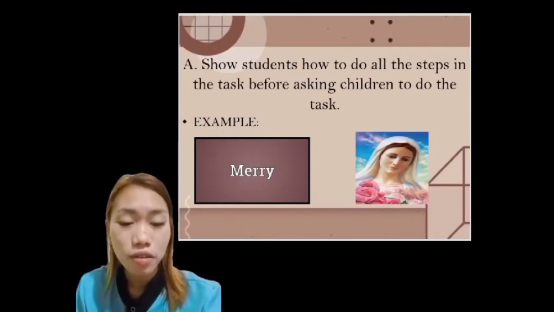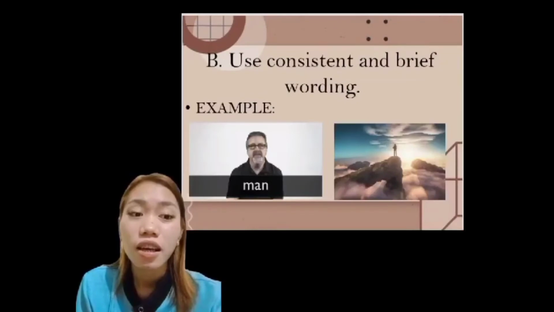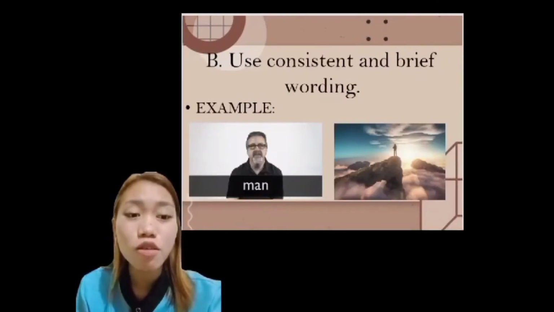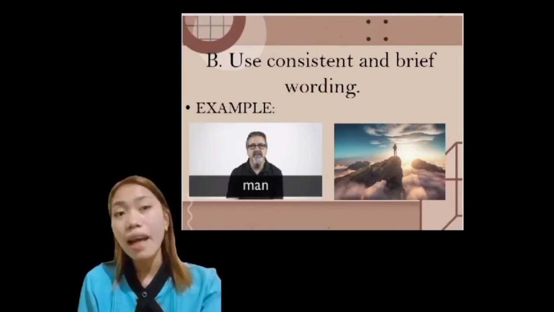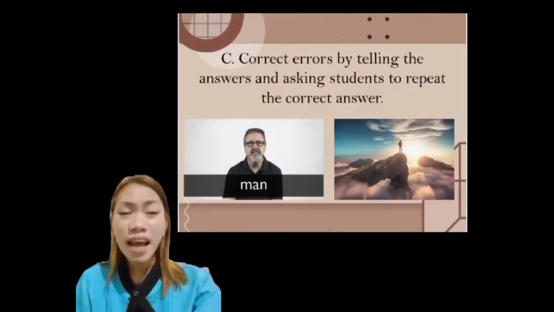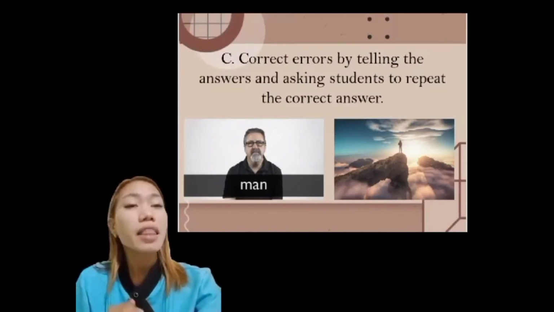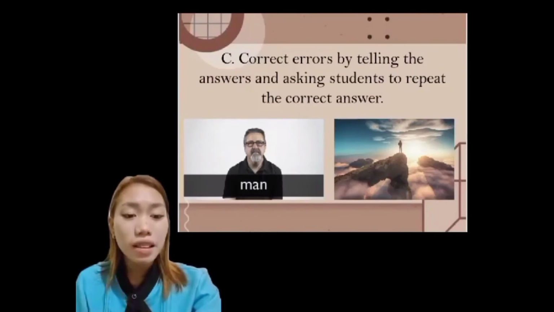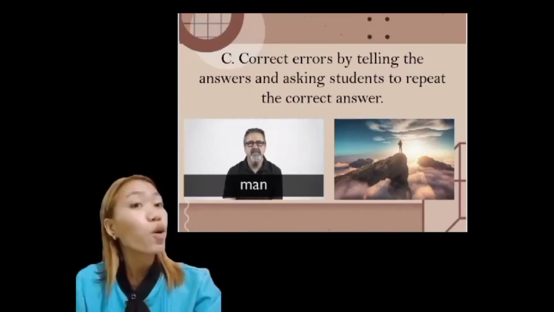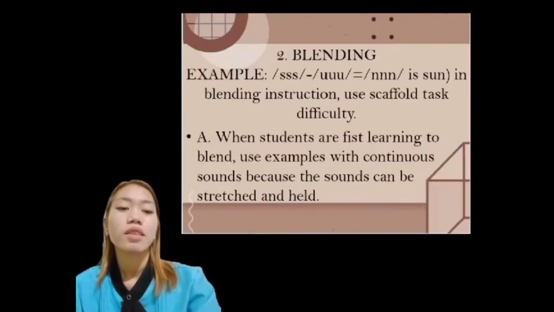For example, letter B, use consistent and brief wording, which is man and mountain. Next is letter C. Correct errors by telling the answer and asking students to repeat the correct answer, which is the man and the mountain.